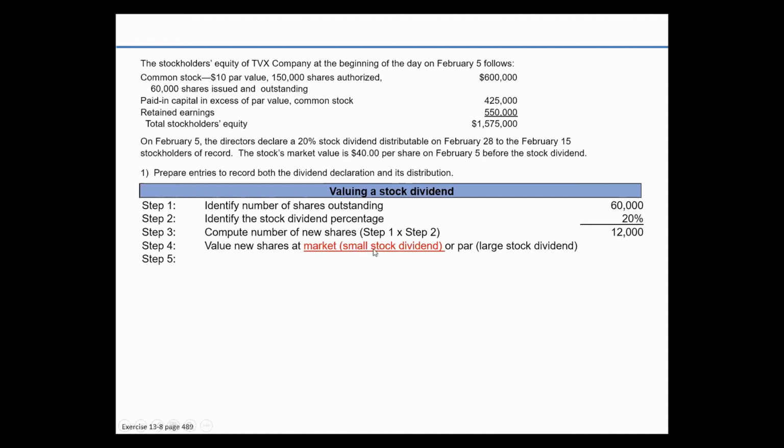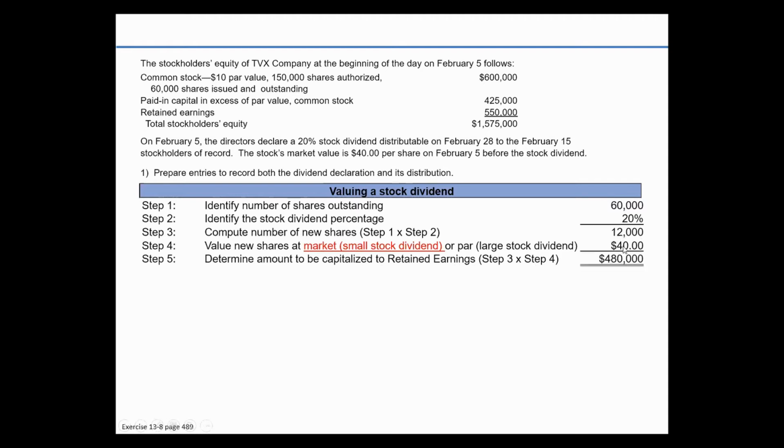Again, since this is a small stock dividend, we have to do it on the market value. We can look that up on the internet and find out how much the market price was for that day, and we see that it's $40. And then we determine the amount to be capitalized to the retained earnings.